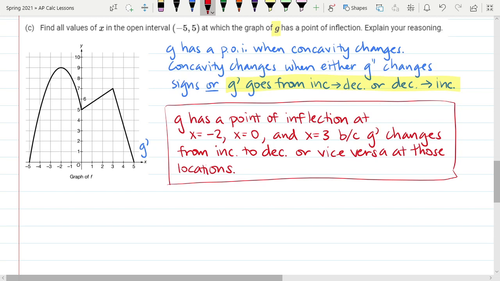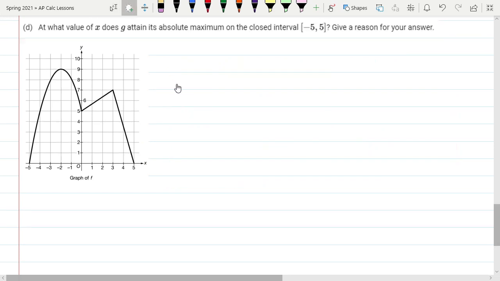Okay, one last part. All right, so the final question says, at what value of x does g attain its absolute maximum on the closed interval negative 5 to 5? Now notice, remember, this is the graph of g prime. And because g prime is defined everywhere, remember that that does mean that g must be continuous everywhere.